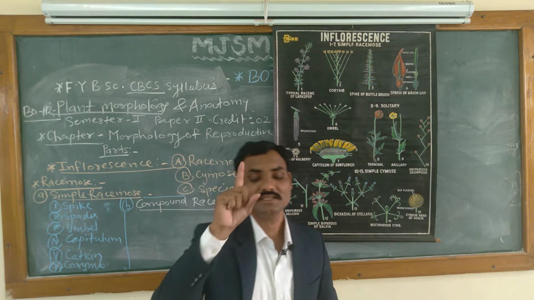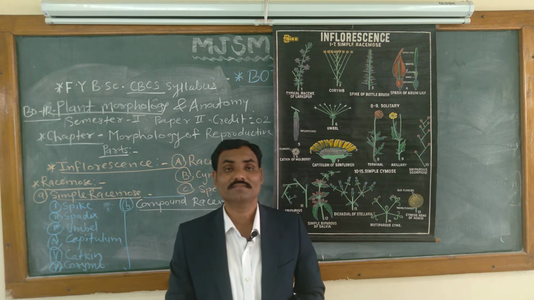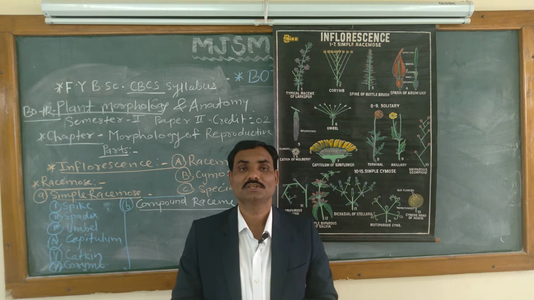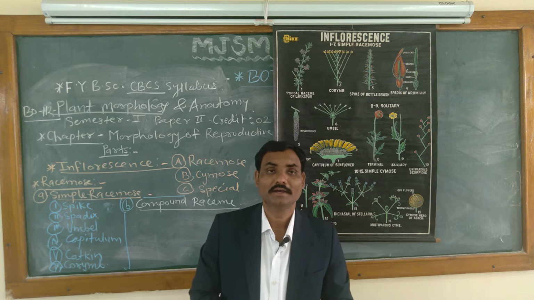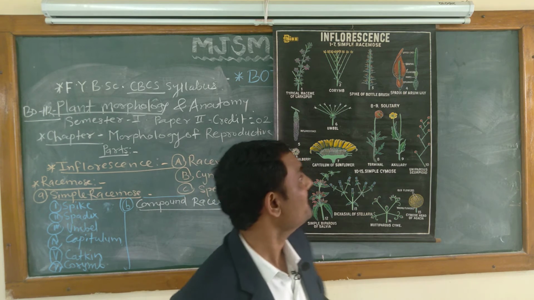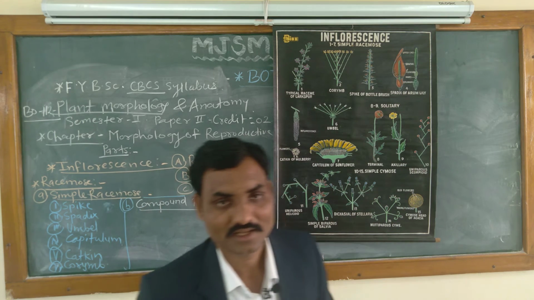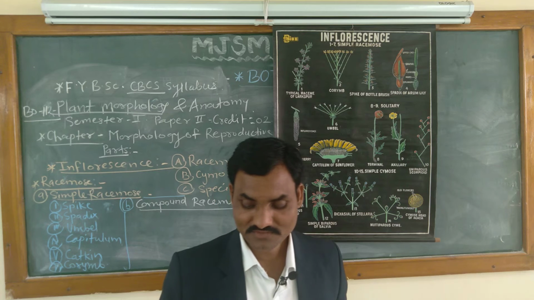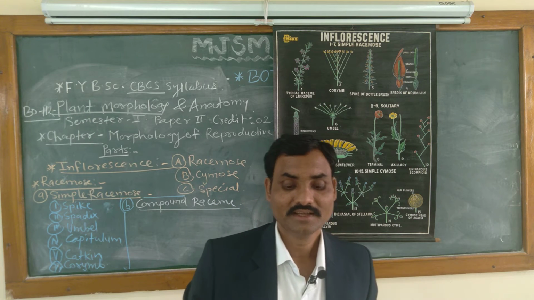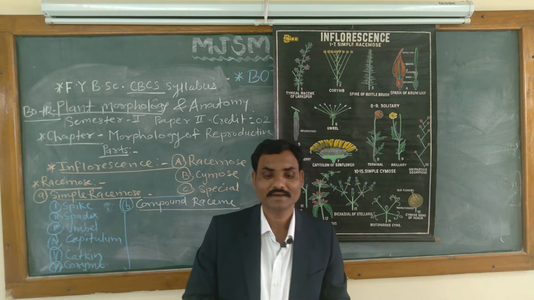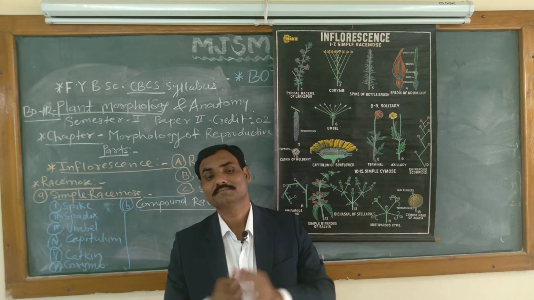We see first the raceme inflorescence. On the basis of branching, whether branched or unbranched, the main axis is divided into two subtypes, that is simple raceme and compound raceme.